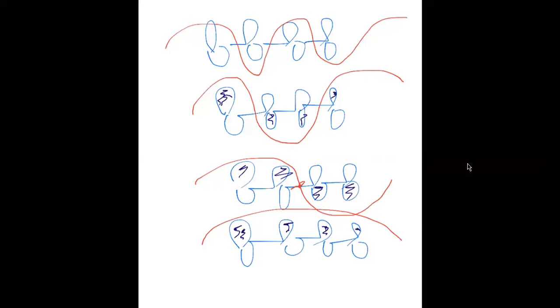And it matters whether it's in the ground state or in the excited state, which we'll talk about later. So let's look at the top. It should just be alternating. Is that right? Yes.